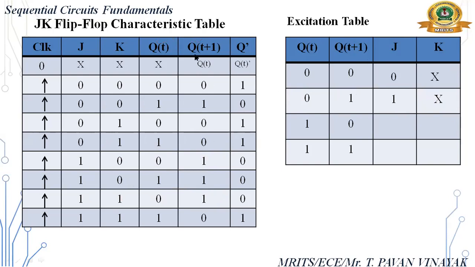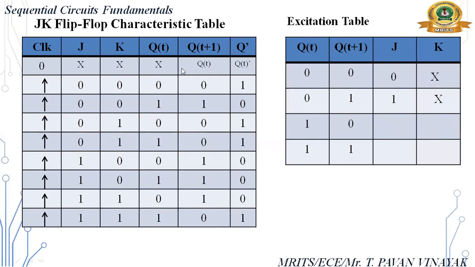Next, check for 1, 0. 1, 0 is available here and here. So what is the output? 0, 1, 1, 1. This one is don't care and this one is always 1.